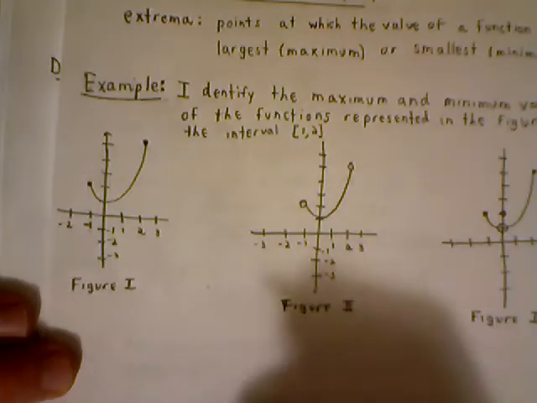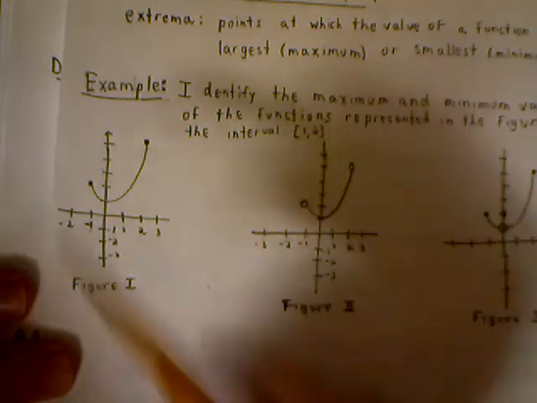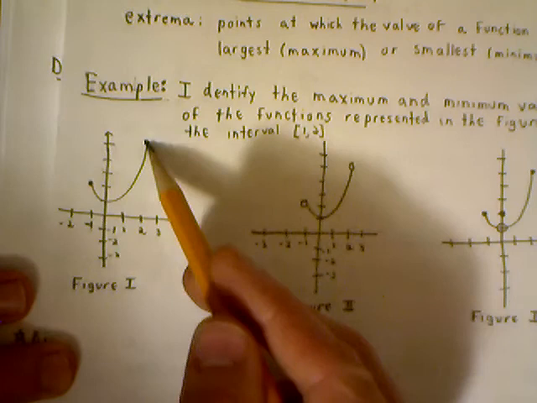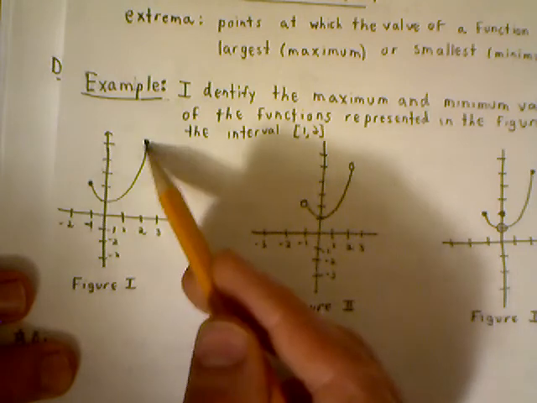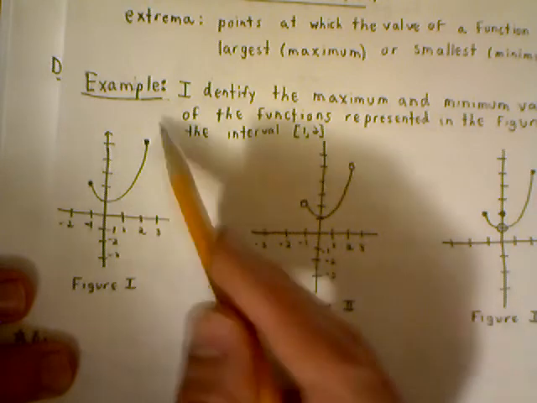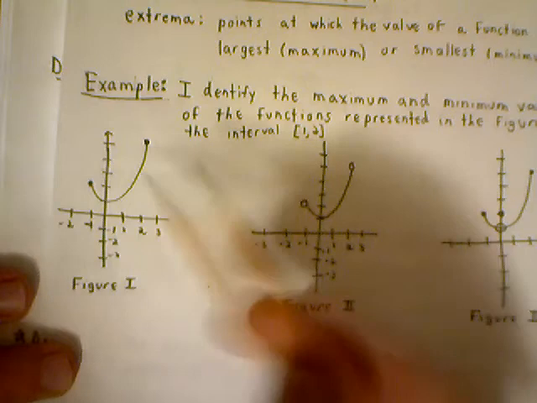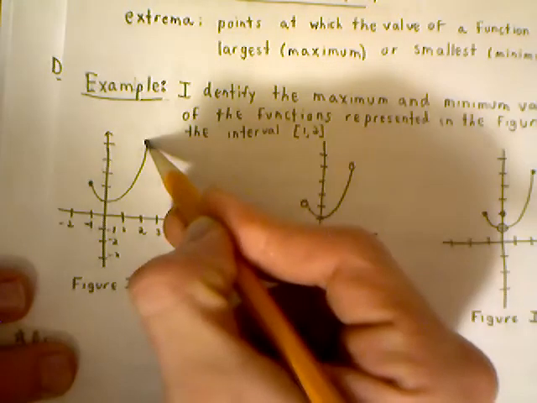So in figure 1, we want to identify the maximum value and the minimum value. The first thing that I noticed is we have a closed interval. Our interval is closed right here, and we're also continuous over this interval. So when I look here, first for the maximum, I'm going to look at my largest value.